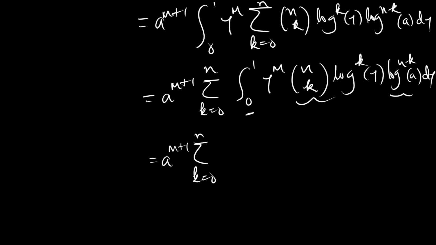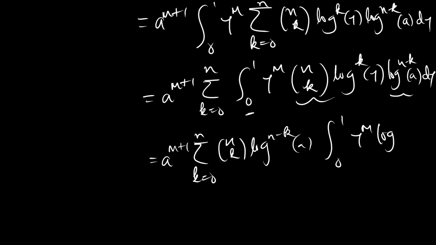So we have n choose k, log to the n minus k of a, integral from 0 to 1 of y to the m log to the k of y.